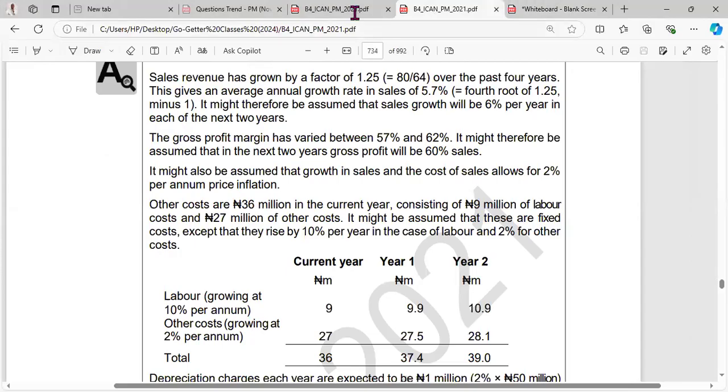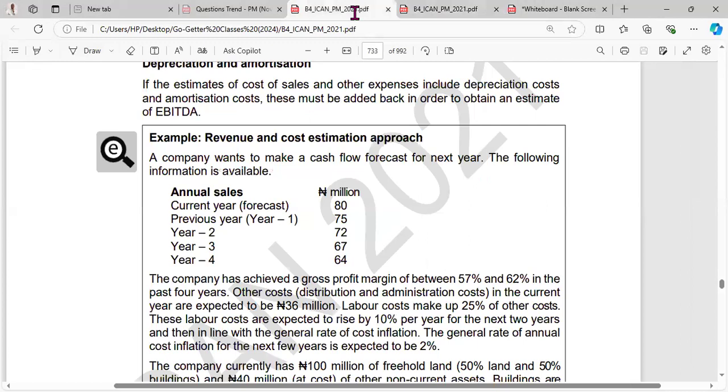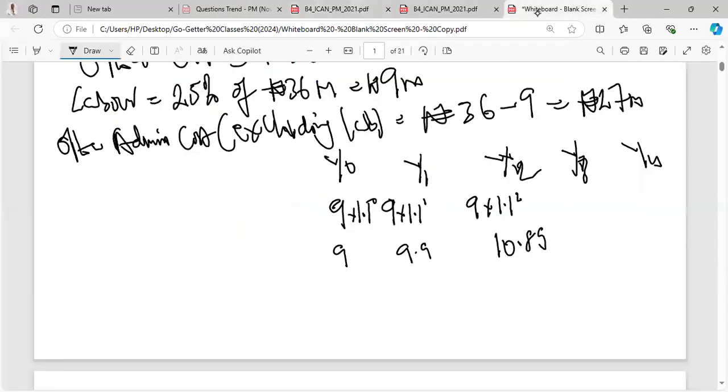Then we are told, and then in line with the general rate of cost inflation, meaning that here this will be this 10.89 multiplied by the inflationary rate.